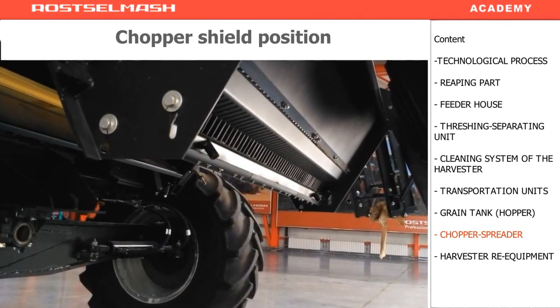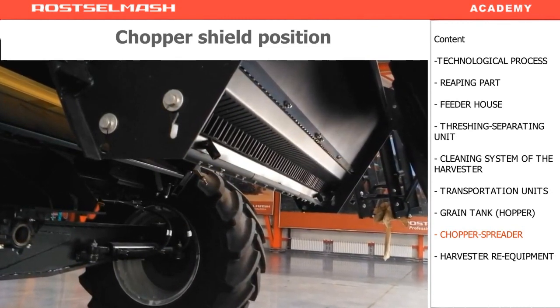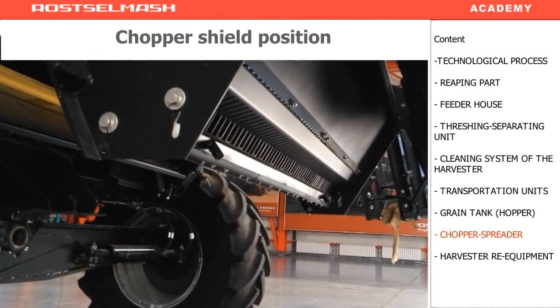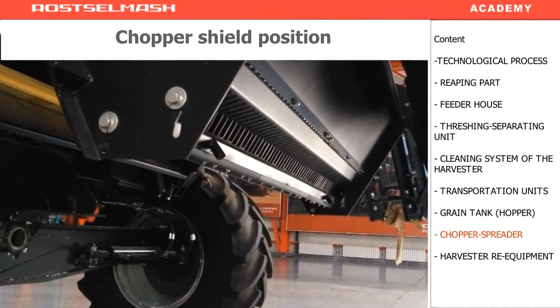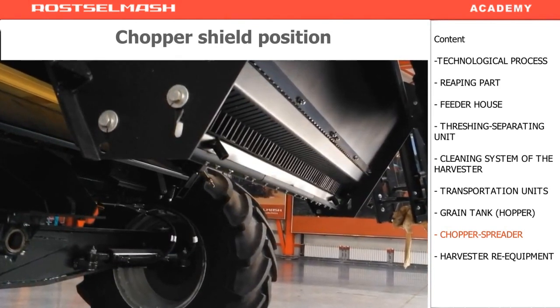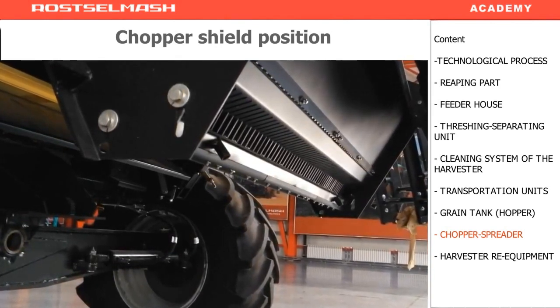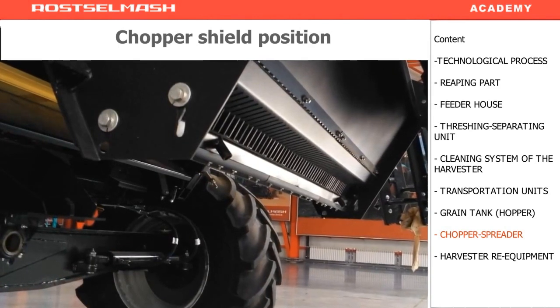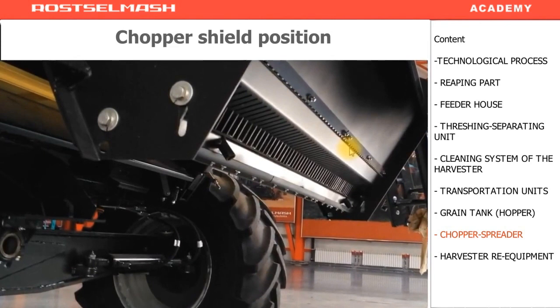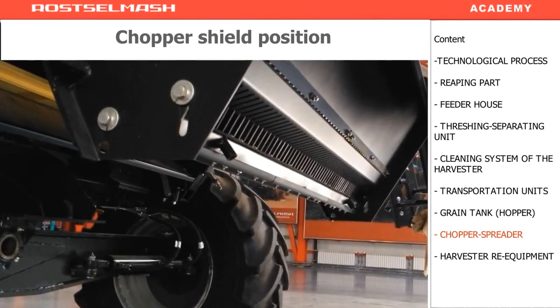When this shield is installed, the mass will be hindered, and the knives will be hitting it significantly more times than usual. Thus, the cutting length will be even shorter. Please remember that when you install this shield, the chopper drive is more loaded and the fuel consumption increases.